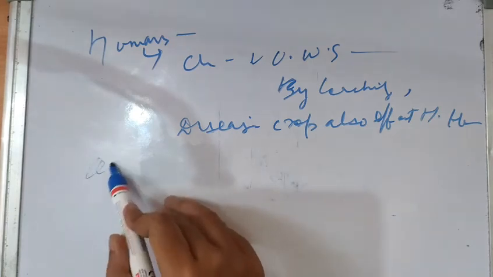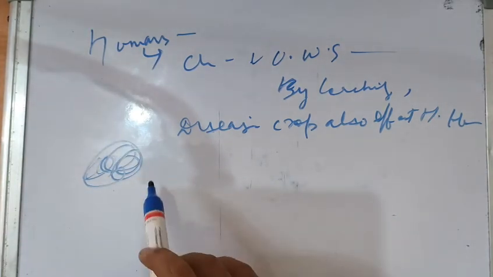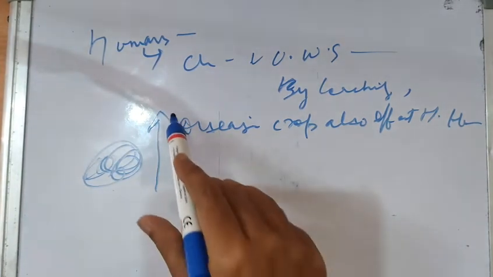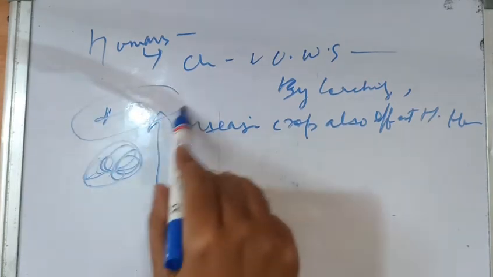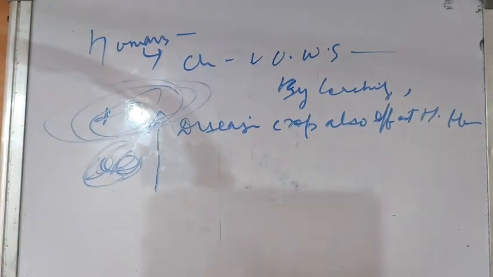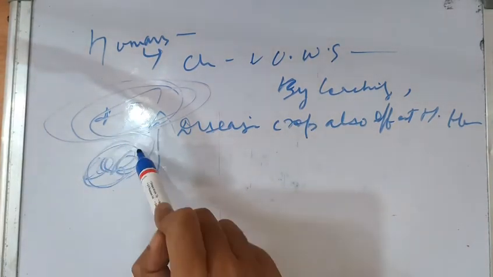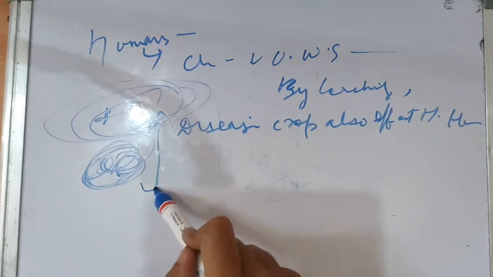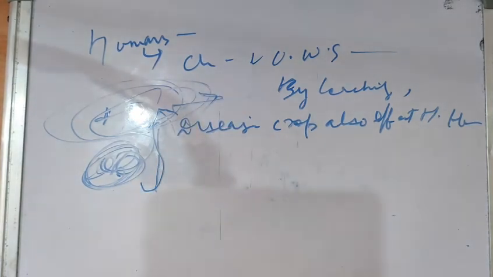Actually, what happens, some heavy metals in soil are absorbed by plants and stored in their fruits and vegetables, and when we eat those vegetables, those heavy metals get biomagnified and come into our food chain. We eat those things and that is very harmful to our health.